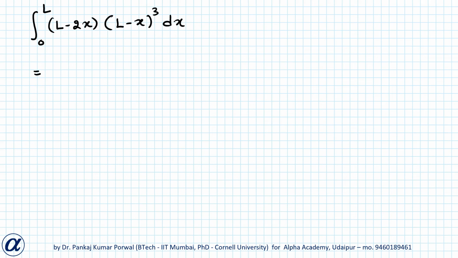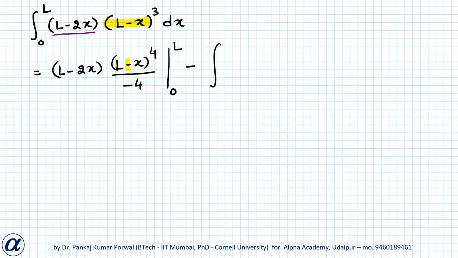This will be the first function as it is, that is L minus 2x, times the integral of the second function, that is L minus x to the power 4 divided by 4 and a minus sign because I have a minus here, with the limit from 0 to L, minus integral 0 to L of the derivative of the first function.